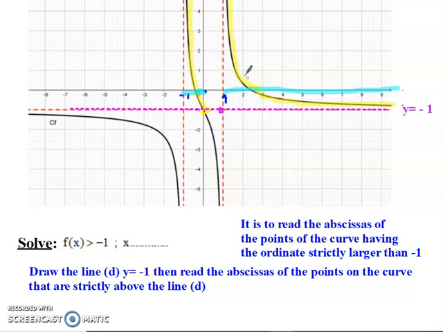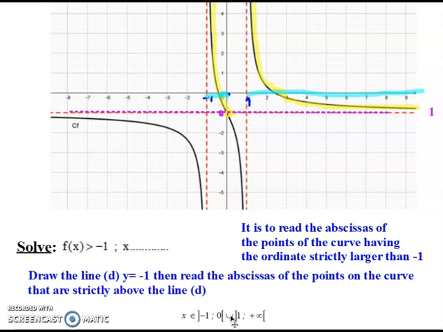So these are all the points, they are in yellow, and we have to read their abscissas. The abscissas is from -1 till 0, open at 0, and then from 1 to the right, it means open at 1, till plus infinity. So this is the solution of the inequality.